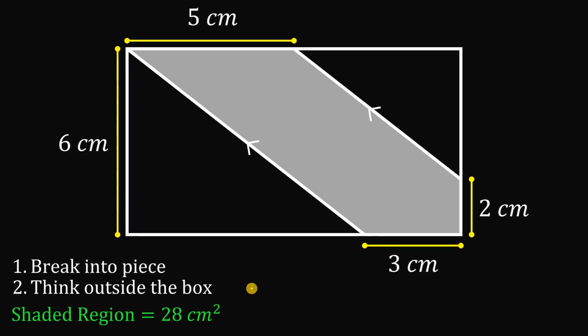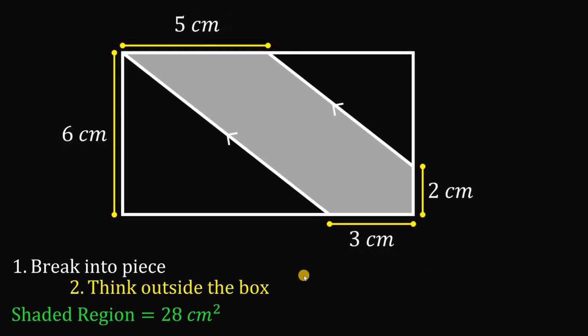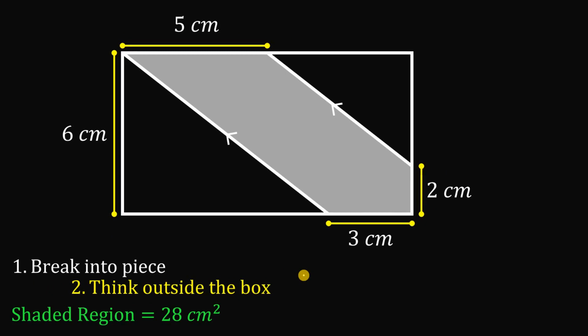Now how about the second one? The second method, think outside the box. What we're going to do is extend this segment. If we do that, we get something like this, directly to the bottom of this rectangle. Now, to get the area of the shaded region, we get the area of this big parallelogram minus the area of this triangle.